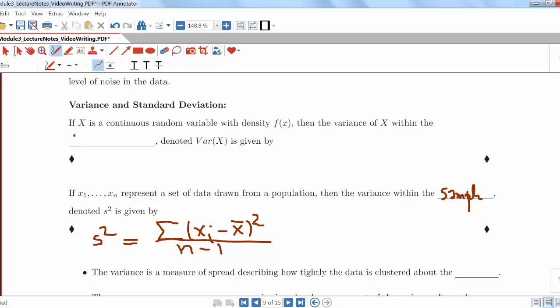So up here is the population variance, and we use the notation sigma squared, so we're back to Greek letters for the population. For a discrete random variable, it's going to look very similar to this definition. Instead of weighting everybody equally likely by dividing by n minus 1, we're going to weight each of the x values by the density function. So this definition is pretty comparable, and just realize that f of x is weighting each of these data values.